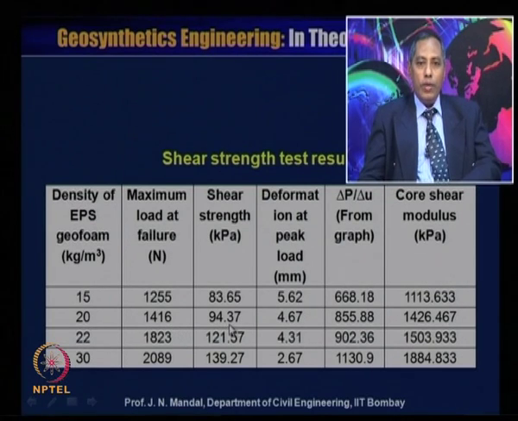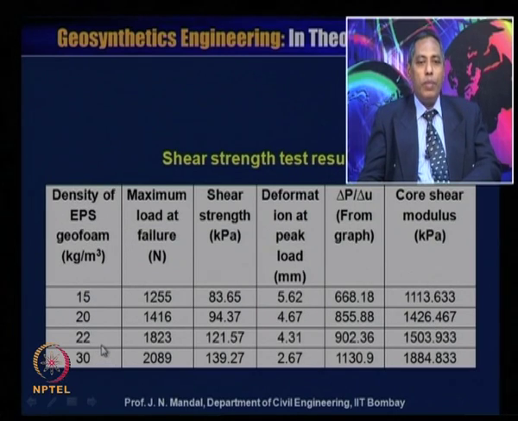When the density of the EPS geofoam is 20 kg per meter cube, the maximum load at failure is 1416 Newton, the shear strength is 94.37 kilopascal, the deformation at peak load is 4.67 millimeter, delta P by delta U is 855.88, and the core shear modulus value is 1426.467 kilopascal.